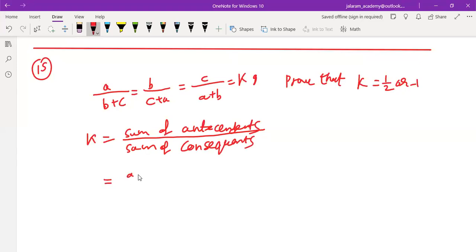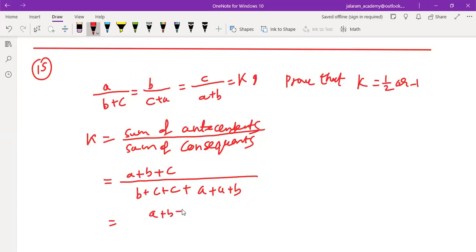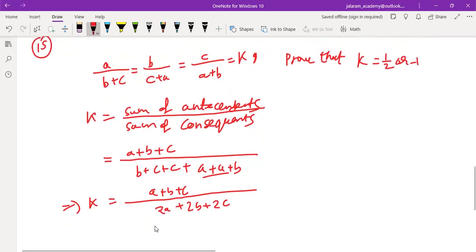Now, sum of antecedents A plus B plus C over sum of consequents B plus C plus C plus A plus A plus B equals to A plus B plus C over A plus A 2A, B plus B 2B, C plus C 2C equals to K, equals to A plus B plus C over 2 common into A plus B plus C, which is equal to K.